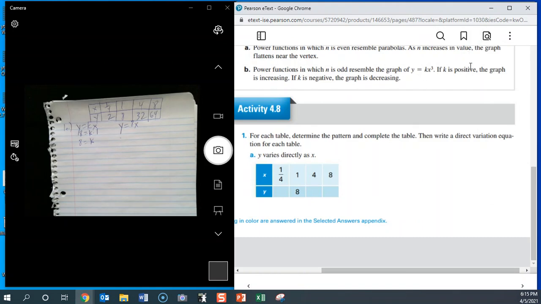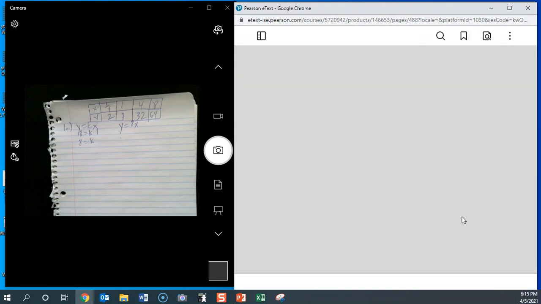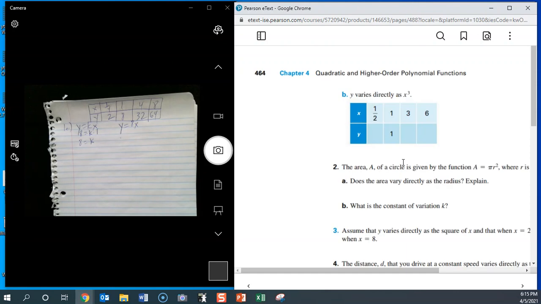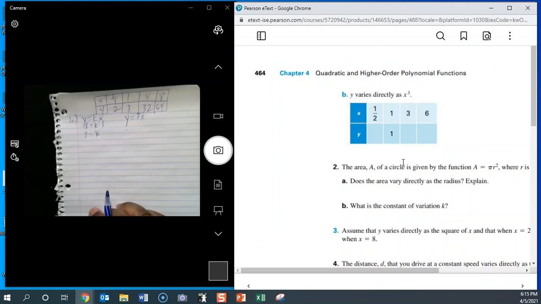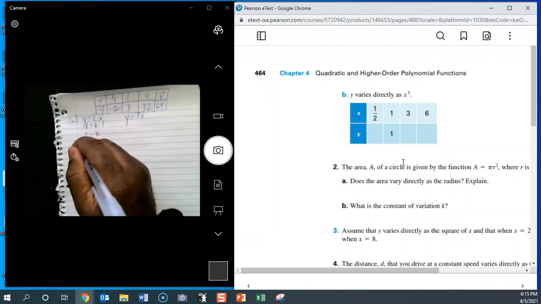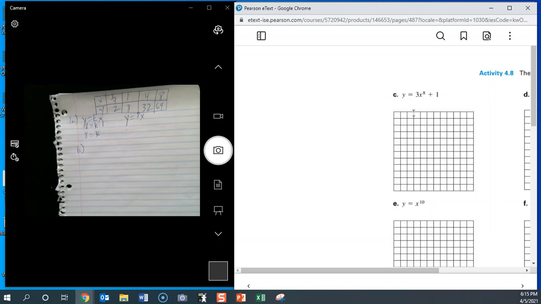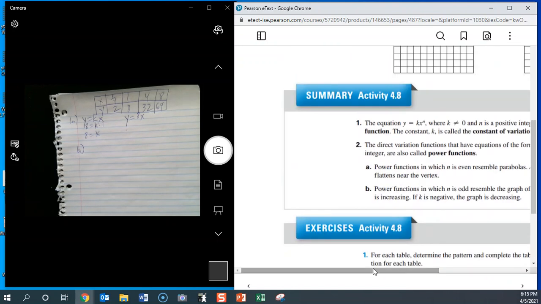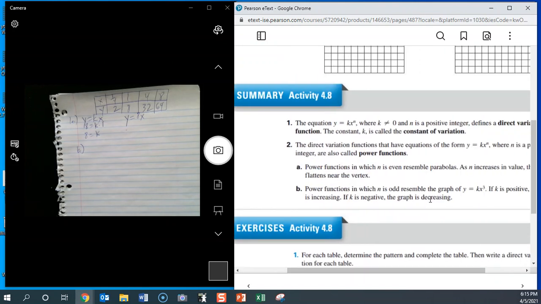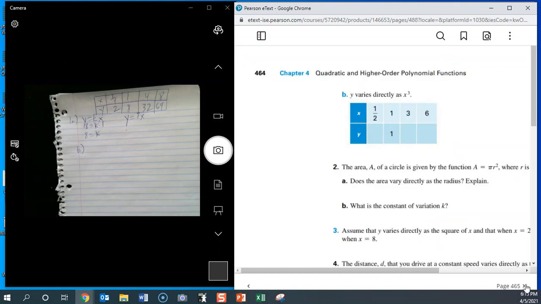Okay, so now we move on to the next page. Now we have B. It says y varies directly as x cubed. So now, if we go back to the previous page, let's look at the direct varies. Did it say varies directly? Yeah, okay. It says varies directly.